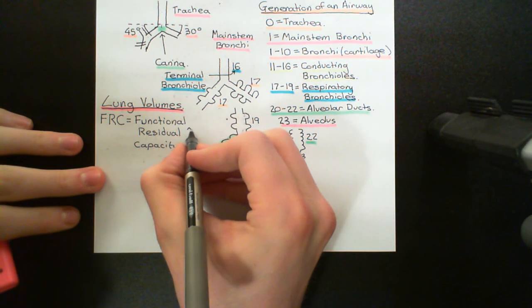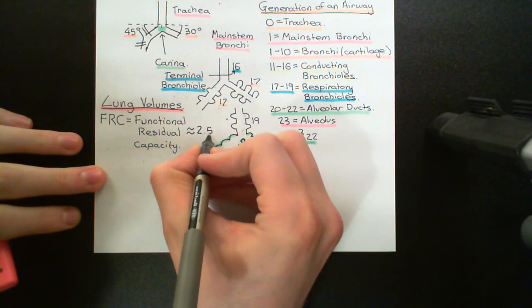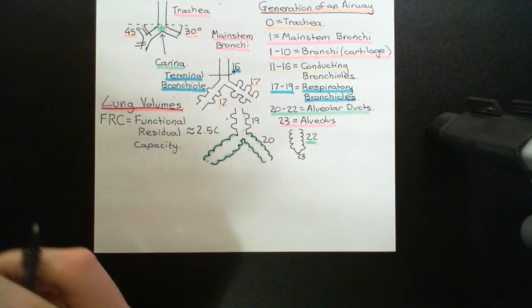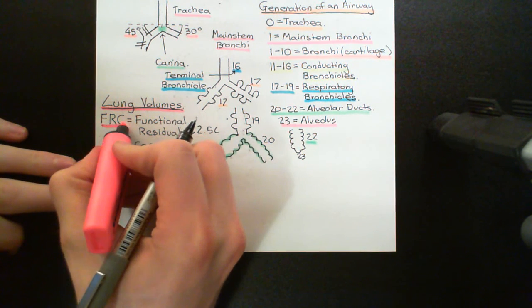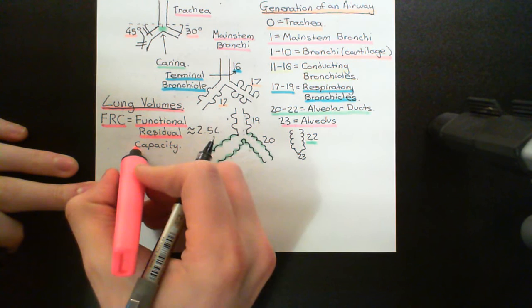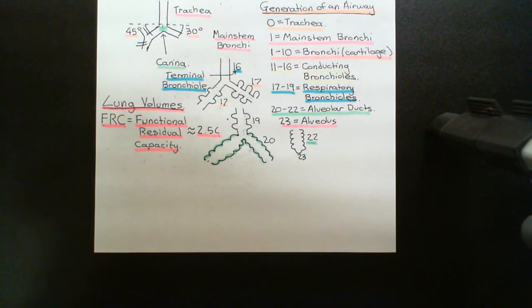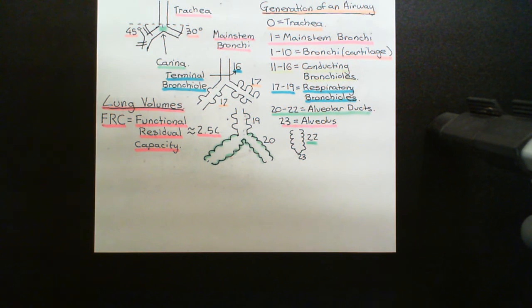So the normal volume of air inside your lungs, and usually this is around 2.5 litres. Now if you go to different sources, different textbooks, different websites, you'll get different average values, but generally 2.5 litres is what people will quote as the average functional residual capacity. But be aware that if you see different values in a textbook to what I give you here, and you're worrying who's right and who's wrong, another source you'll find a third set of values, another a fourth.